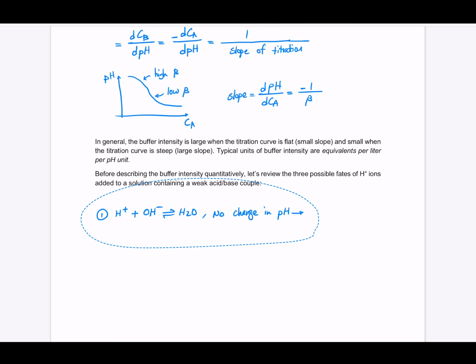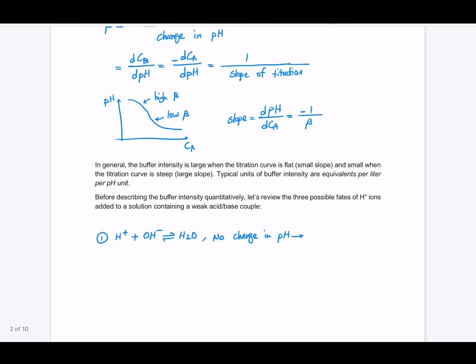What does it mean in terms of the buffer intensity? Exactly the ratio we defined. Are we adding acid? Here we're adding something, but the change in pH is minimal. What does it mean? How is this ratio? It's a very large ratio, right? So in that case, this reaction is contributing to buffer intensity.